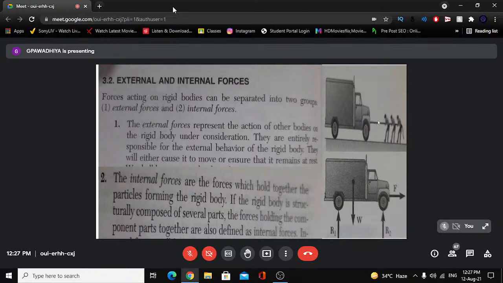So here we see only the rope, and the external action gets transmitted through the rope to another point because of the development of internal forces, because of these induced forces. So F becomes internal, W is external, and R1 and R2 are the reactionary forces. These are also induced forces, so they are called internal actions.